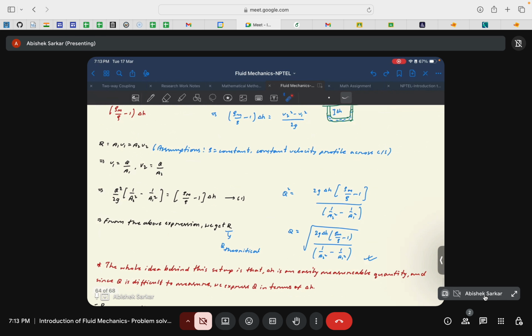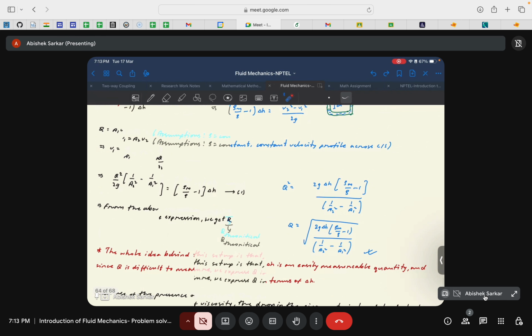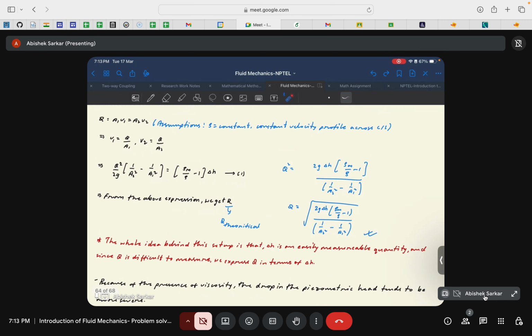Now if you rearrange these terms a bit, you will get Q equal to this equation: Q is the square root of 2g delta H (rho_m by rho minus 1) divided by (1 by A2 square minus 1 by A1 square). So now you can find the volume flow rate Q in terms of things you already know. 2g is constant, delta H you can find from the manometer, rho_m and rho you already know.